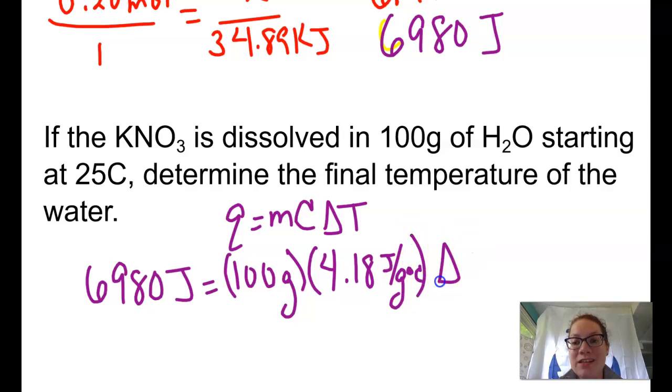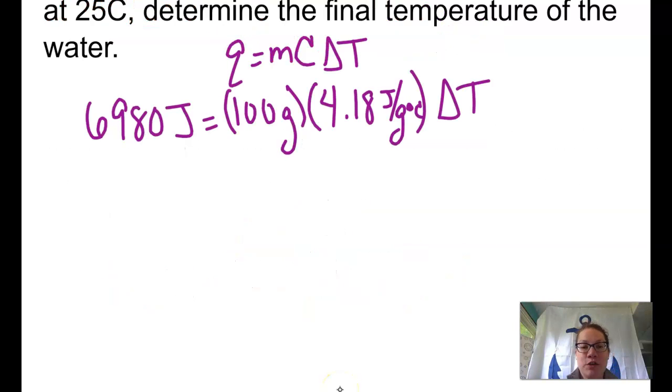And I'm going to leave my variable as delta T, just because I think it's a little easier to do it that way than to have the T final minus T initial there. All right, so now, how am I going to figure out the change in temperature? I can take my 6,980 and I can isolate my variable by dividing by 100 and then dividing by 4.18.